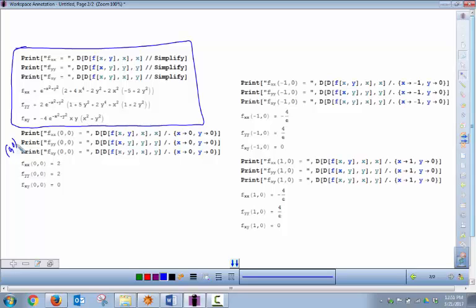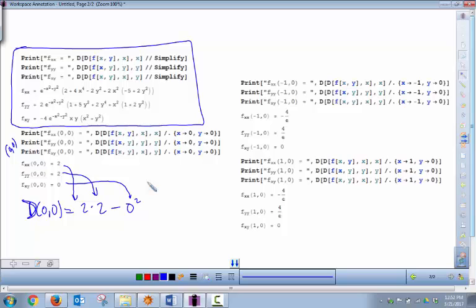That's one of the points that we have. So fxx at 0, 0 is 2, fyy at 0, 0 is 2, and fxy at 0, 0 is 0. So our discriminant evaluated at 0, 0 is going to be 2 times 2 minus 0 squared. So you know where each of these are coming from.